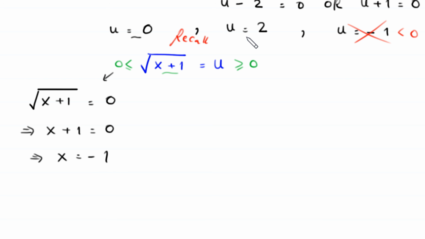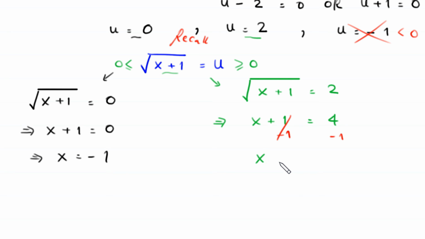And when u is equal to 2, then this will become square root of x plus 1 equal to 2. If we take square of both sides, this implies that x plus 1 equal to 4, and we subtract 1 from both sides. This cancelled out, and we get the value of x is equal to 3.